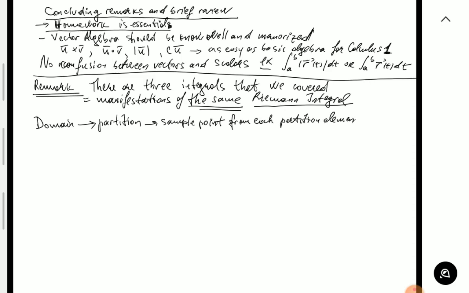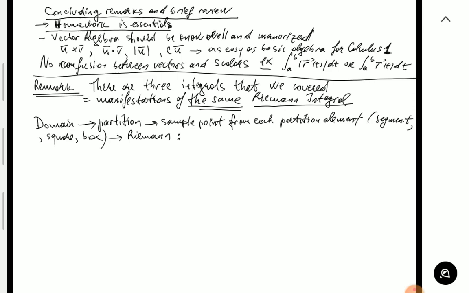What is a partition element? That could be a segment from the calculus 1 integral from a to b for a single variable function, could be a square or a rectangle or a cube or a box for the triple integral. So you have a sample point, then you construct the Riemann sum in the same way no matter what type of domain you have.